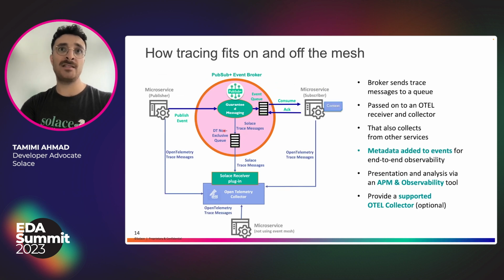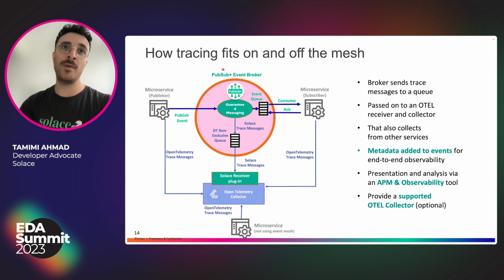And every time a message gets published, here you can see that the context is being propagated throughout the system. So we have a microservice that publishes OpenTelemetry trace messages to an OpenTelemetry collector. The other microservice, which is, let's say, the subscriber, also generates messages to the OpenTelemetry collector. And now the black box component is not a black box anymore.